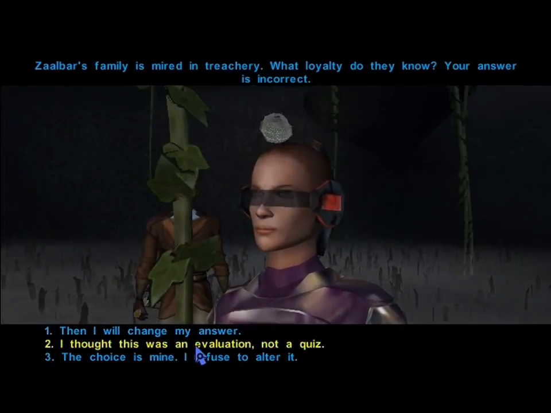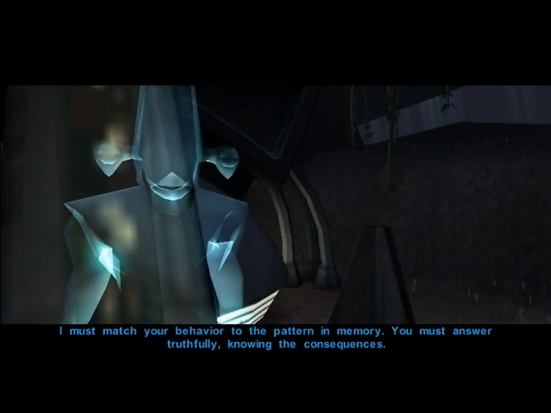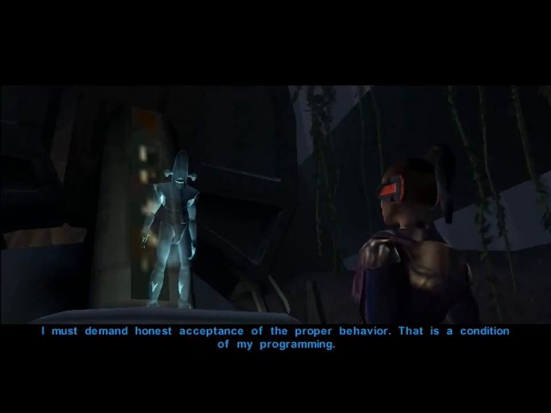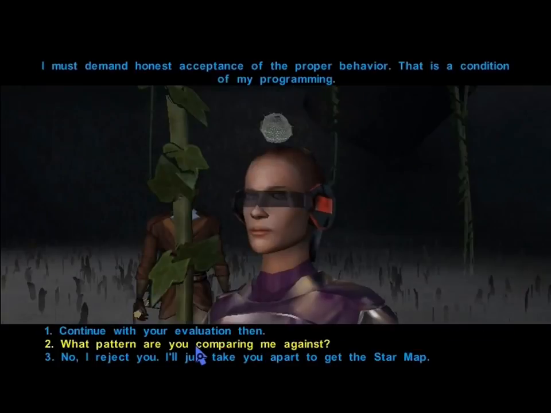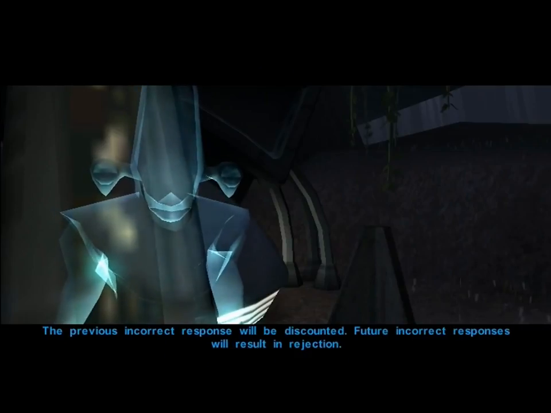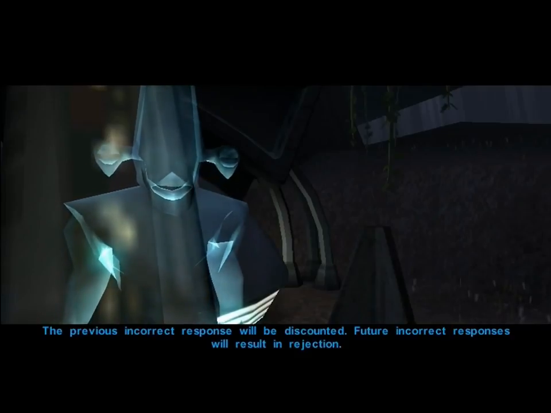I thought this was an evaluation, not a quiz. I must match your behavior to the pattern in memory. You must answer truthfully, knowing the consequences. I must demand honest acceptance of the proper behavior. That is a condition of my programming. Continue your evaluation, then. The previous incorrect response will be discounted. Future incorrect responses will result in rejection.